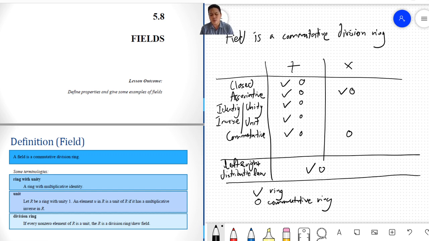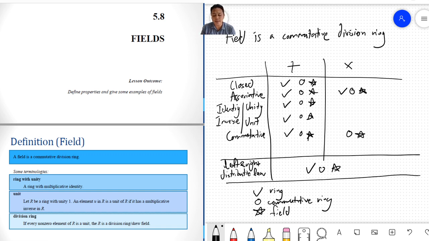Later I will show the difference between zero element and non-zero, whether we need to check if it has a unit or not. Basically, field, which I represent as this symbol, must be a ring. It must be a commutative ring, and if we have a unit for non-zero elements, it must have a unity.